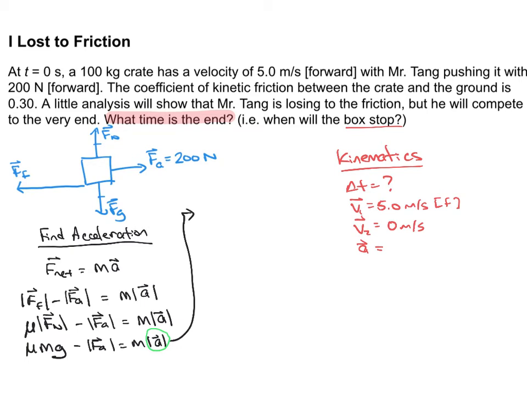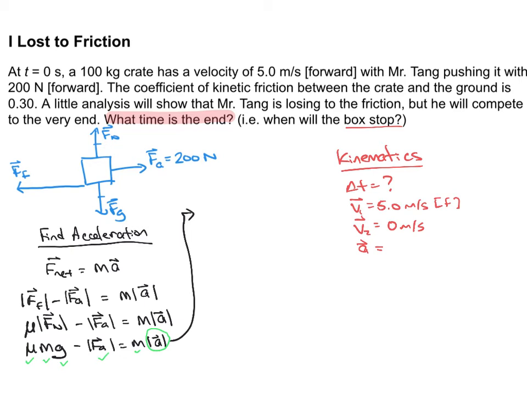Do I know the mu? Yes. Do I know the mass? Yes, 100 kilograms. Do I know g? Yes, it's 9.8. Do I know the applied force magnitude? Yes, that's 200. And then mass again. So I'm actually good. I know all of those values, so I'm confident that I can solve for this acceleration.